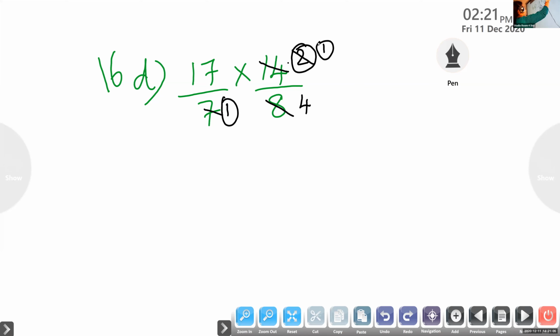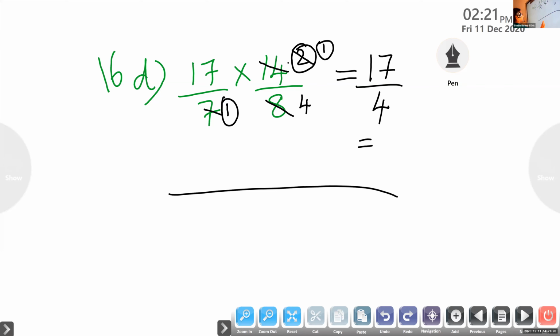So what is remaining here? 17 into 1, that will be 17. 1 into 4, 4. Find out the mixed fraction. Otherwise, I will do another cutting here. 17 by 7 into 14 by 8.